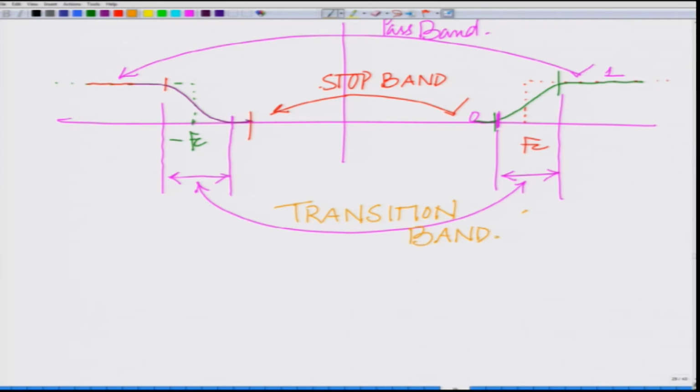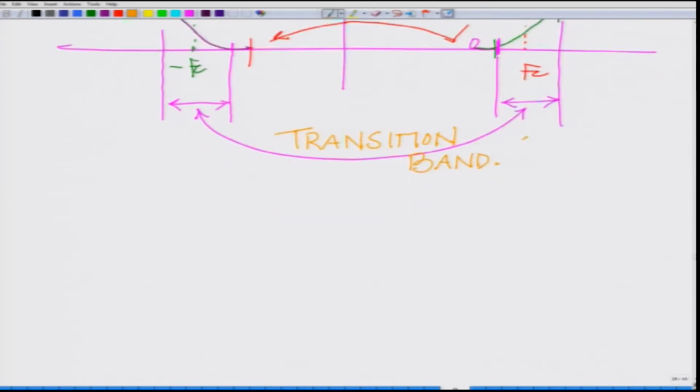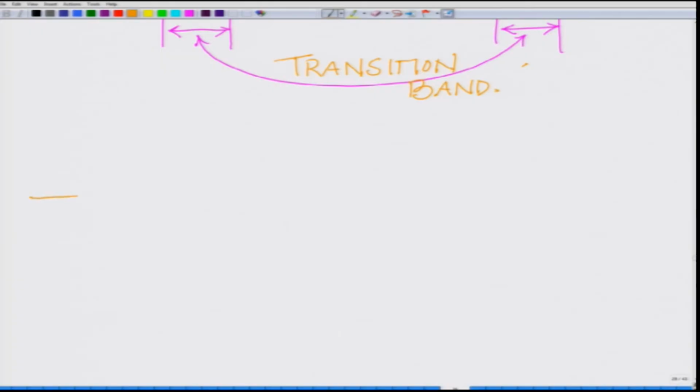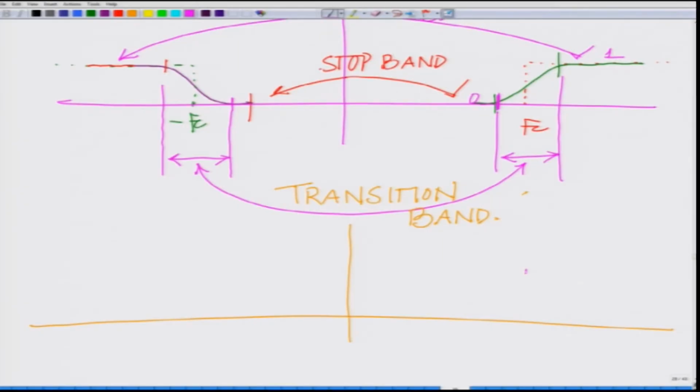And what happens when you have this non-ideal filter and you pass the same DSBSC double sideband modulated signal, that is m(t) cosine 2 pi fc t? When you pass it through this, of course you have something like this over here.